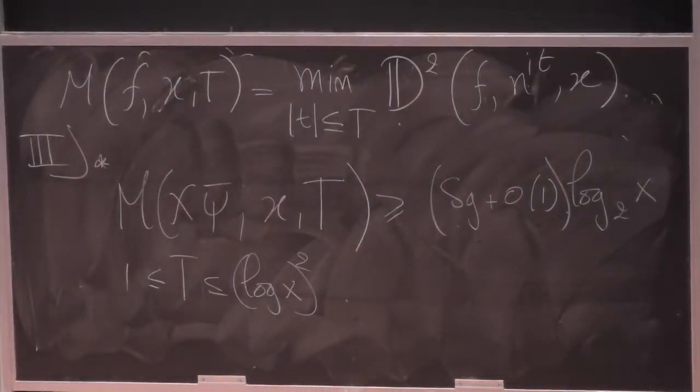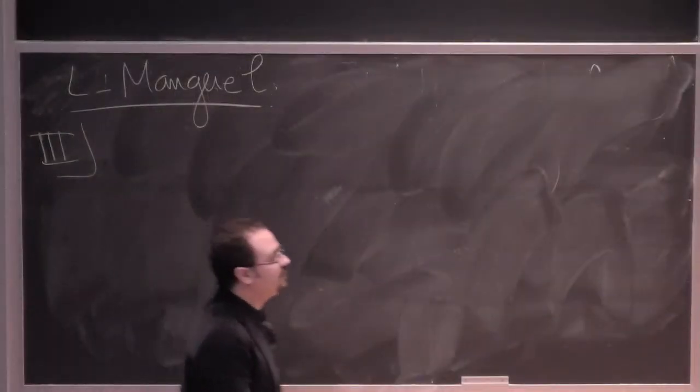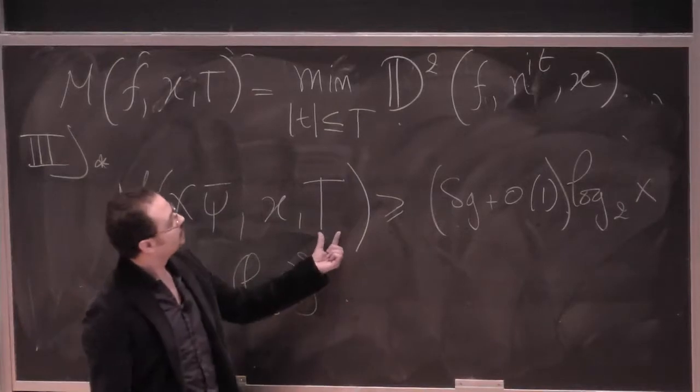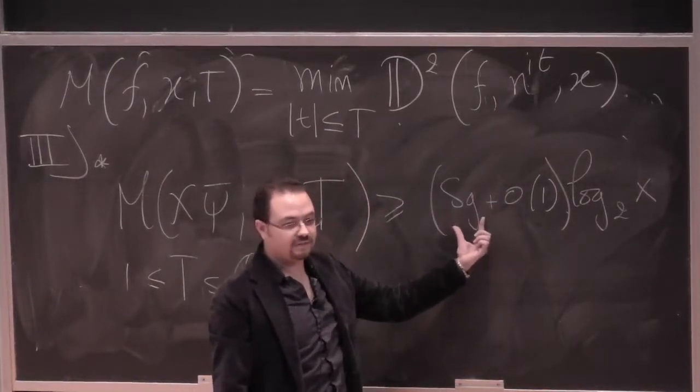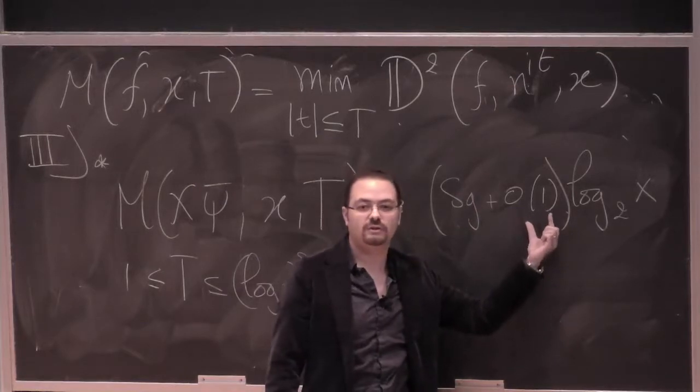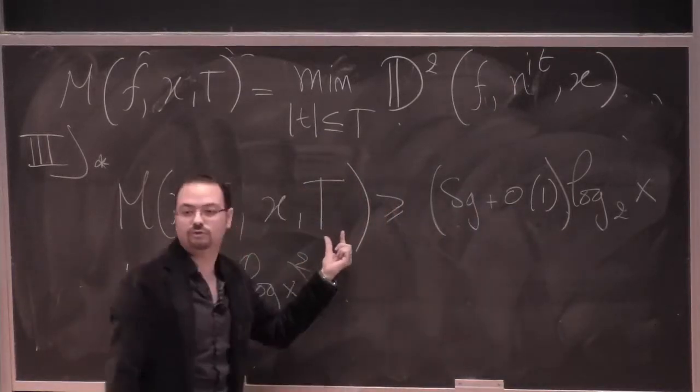And actually, we discover a surprising phenomenon, which is that the distance from here depends on the size of the twist. So it depends on n^it here. So it's clear from the main term that it does not, but the little o(1) here changes if you take small versus large twists.